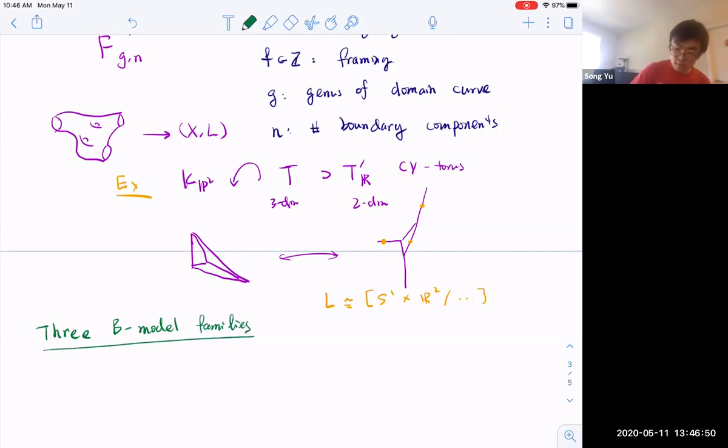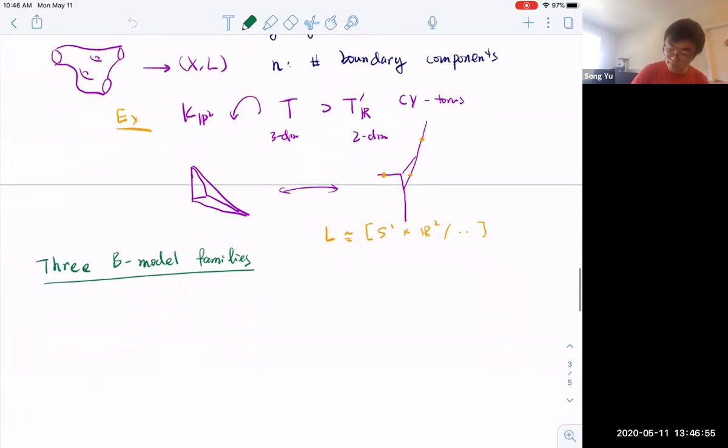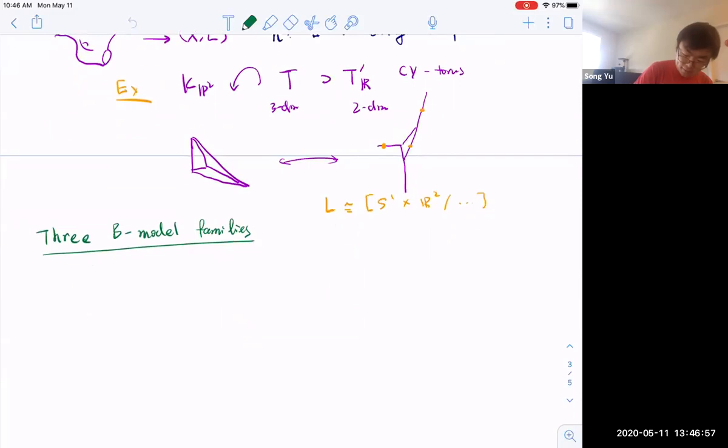So the first one is a pretty well-known Hori-Vafa mirror.